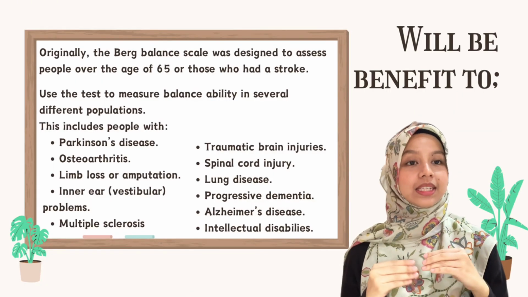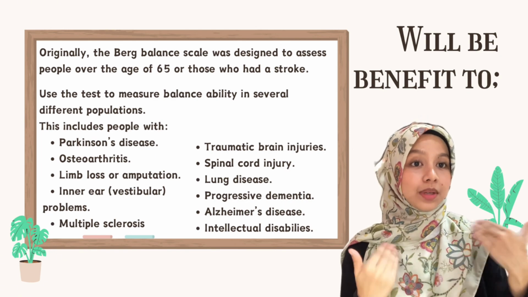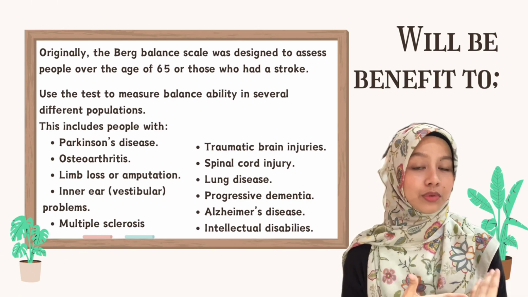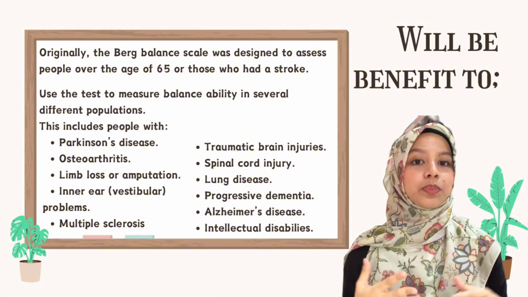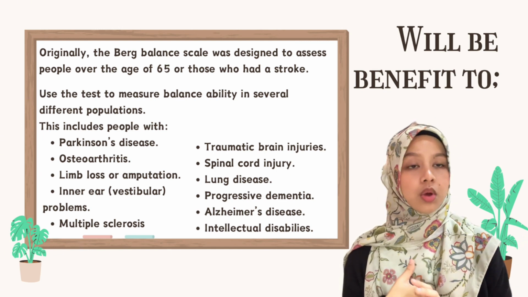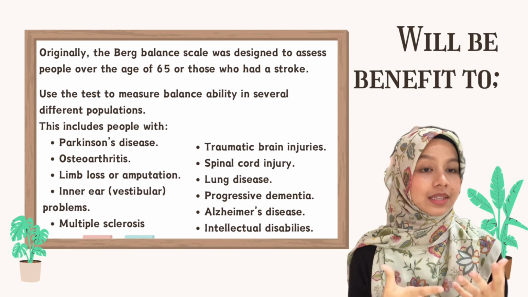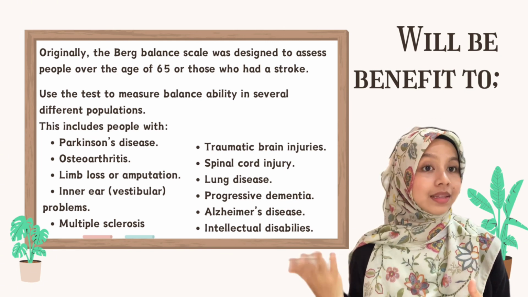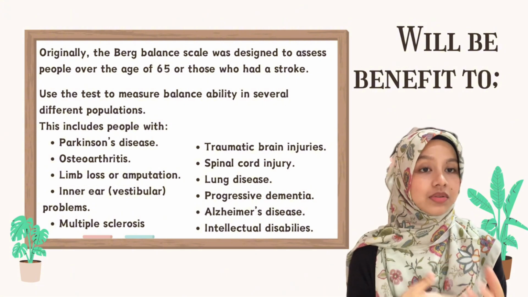Okay, so here we can see to whom this Berg balance scale will be beneficial. Originally, the Berg balance scale was designed to assess people over the age of 65 and those who had a stroke. People in this group are more likely to experience balance issues, and that can make it hard to move around safely.